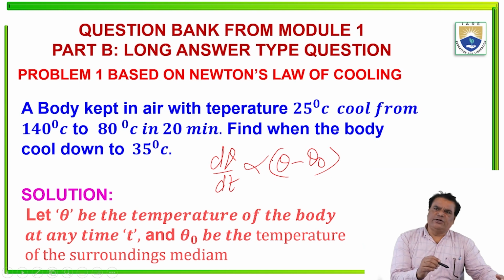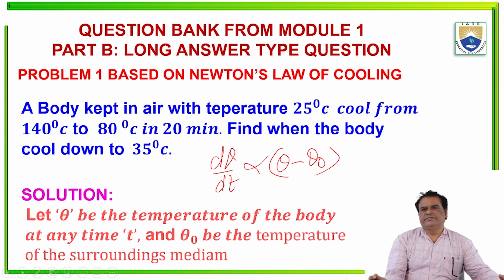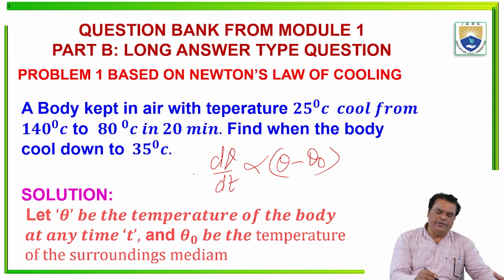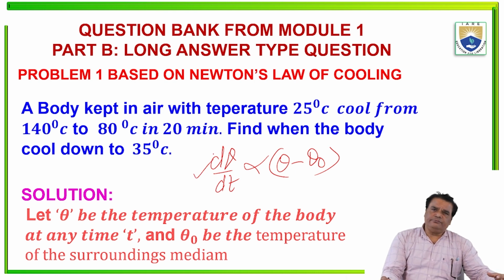Theta is the temperature of the body, theta naught is the temperature of the air medium, and d theta over dt is the rate of change in the temperature of the body at any time t.